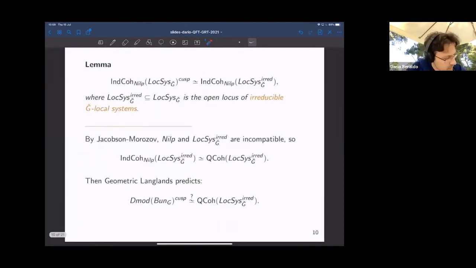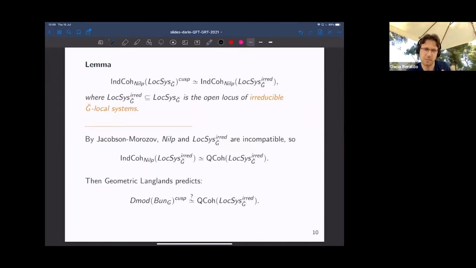So there's a lemma coming from just the geometry of local systems that says that cuspidal coherent sheaves on local systems are the same as coherent sheaves on an open substack, which is the substack of irreducible local systems.